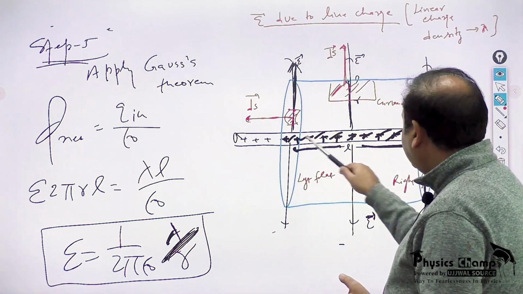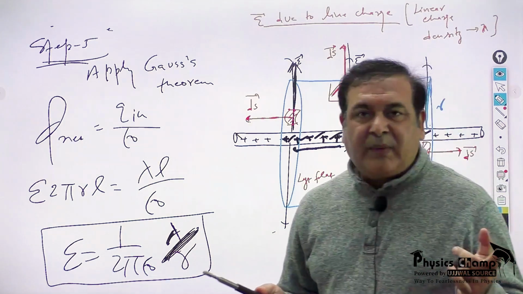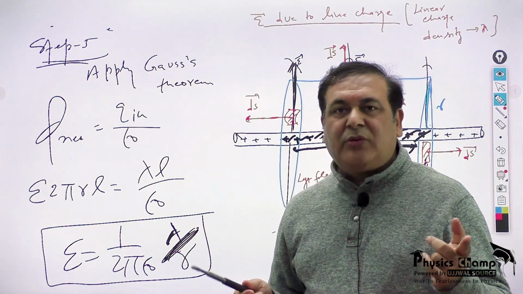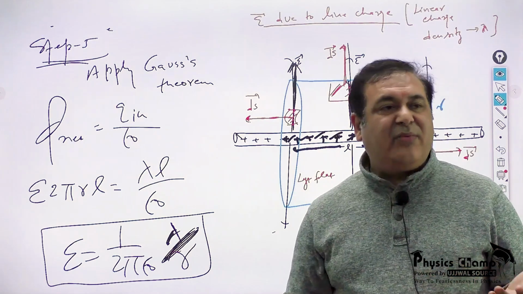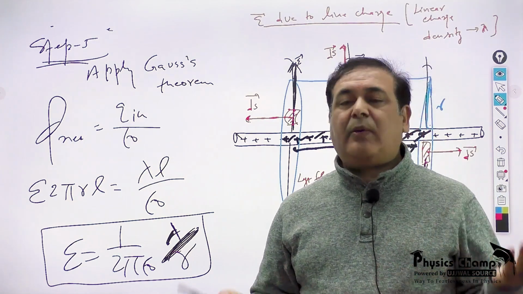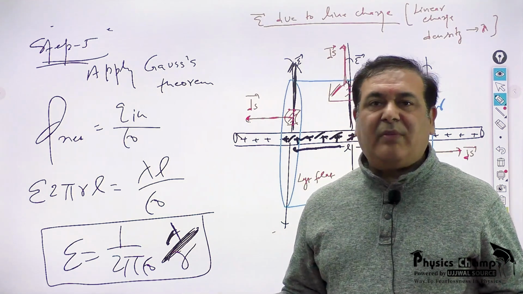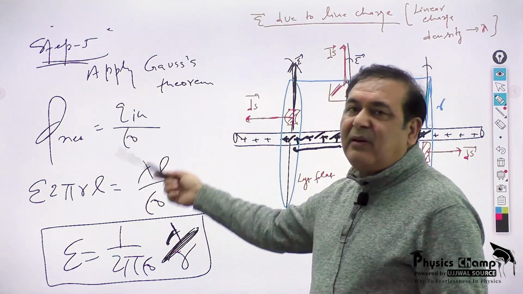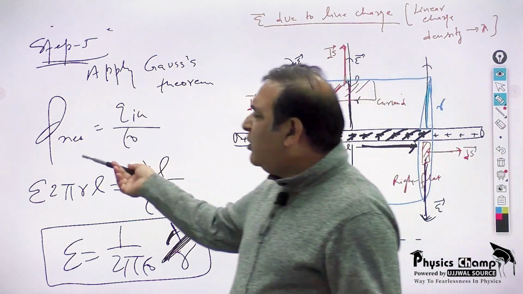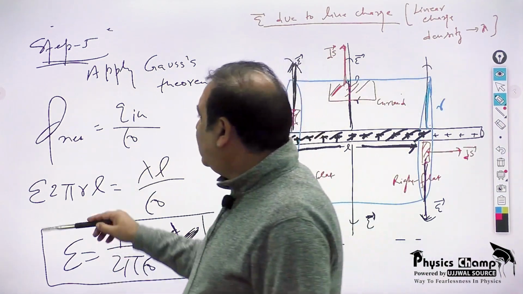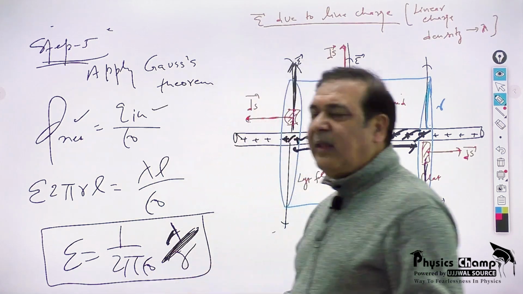Whatever charge is inside this Gaussian surface is all that adds to the net charge inside. So the charge inside is lambda L, or use surface charge density or volume charge density accordingly. Then step 5, apply Gauss theorem, which says net flux is equal to charge inside by epsilon naught. So in a way, Gauss theorem is guiding you what to do. First you look for the flux, then the charge inside, and then apply Gauss theorem.